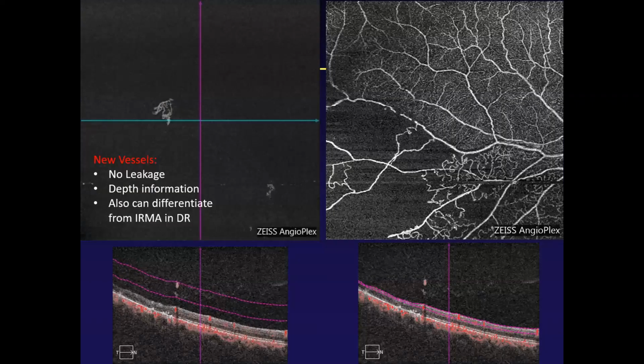Here is how we look for neovascularization on the OCT angiography. Remember that there is no leakage on OCT angiography. However, we can use the other property of neovascularization, that they are pre-retinal and breach the internal limiting membrane. Therefore, just by placing them in the vitreoretinal interface slab, as you can see on the left-hand side, these are the segmentation lines.